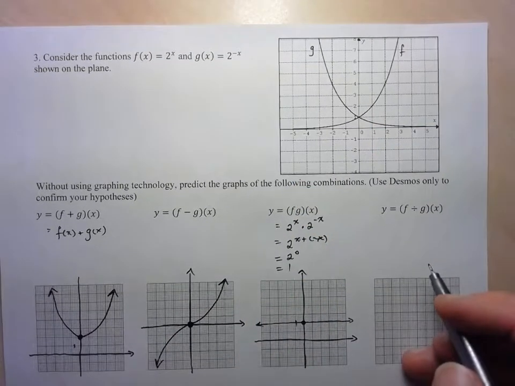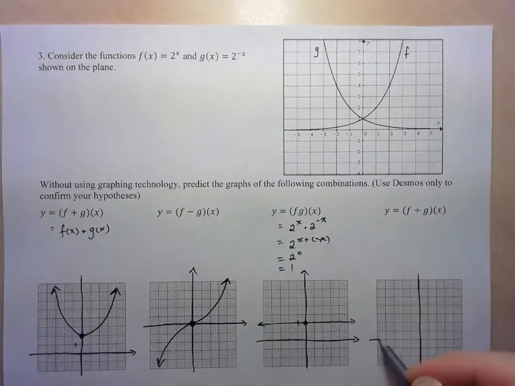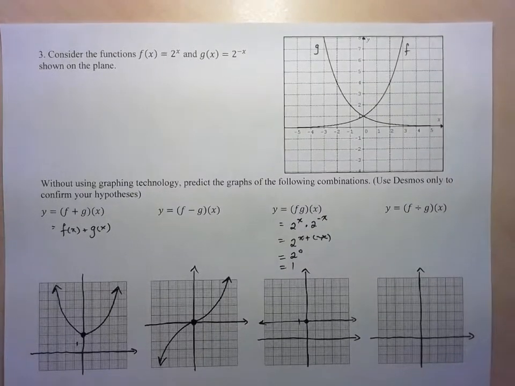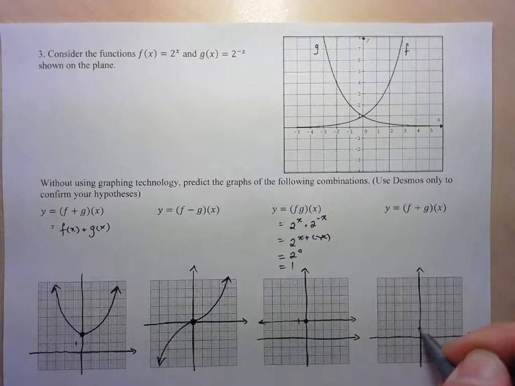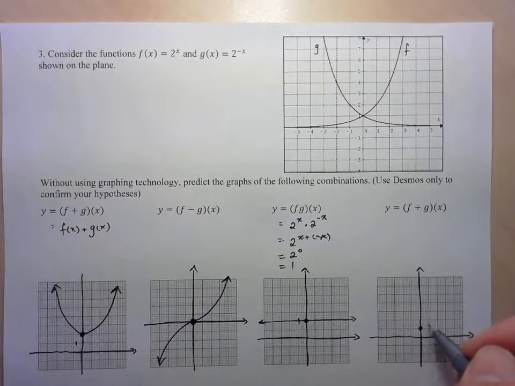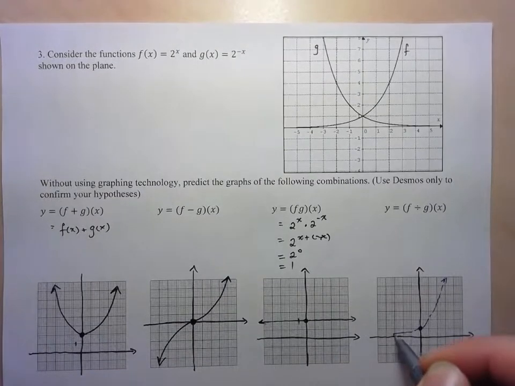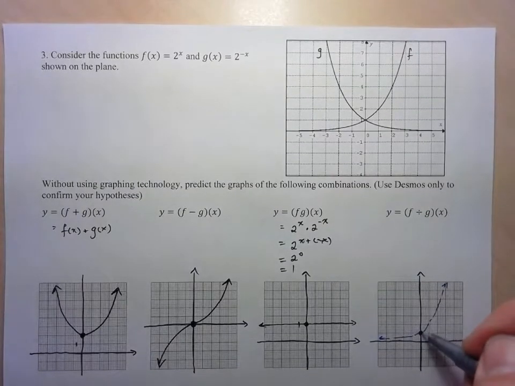Okay, so if I try to draw that, I might even want to throw in what f looks like, which passes through 0, 1 and 1, 2. So I know f kind of looks like this. And we said that the new function should be increasing even faster.